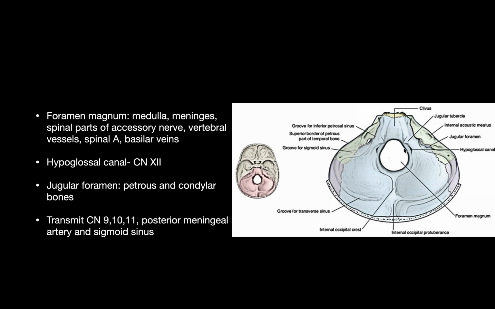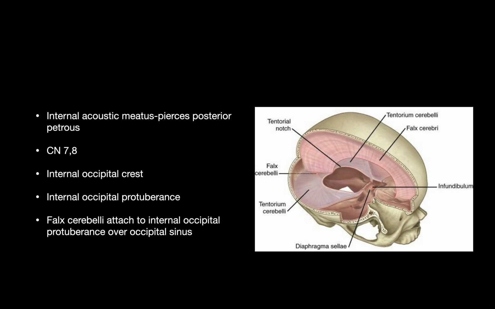And the jugular foramen, right here, will be bounded by the petrous and the condylar bone, and that transmits cranial nerves 9, 10, 11, along with the posterior meningeal artery and the sigmoid sinus. So the internal acoustic meatus will pierce the posterior petrous, and that will carry cranial nerves 7 and 8.